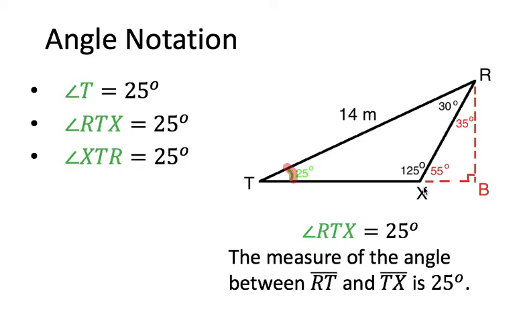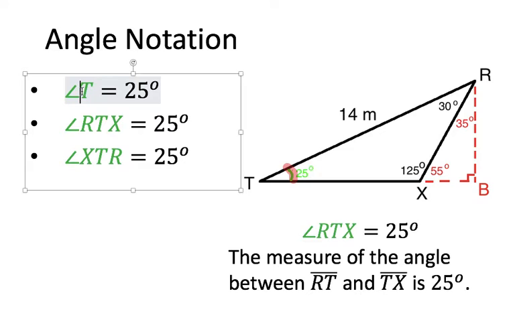How much is the measure of that angle? So in this particular example, we can just call that angle right there angle T. This symbol right here is the symbol for angle. So angle T is equal to 25 degrees. So that is referencing this angle right there.